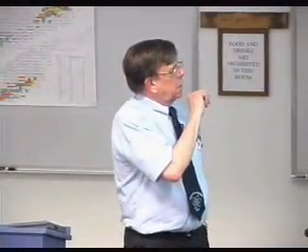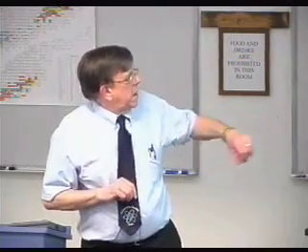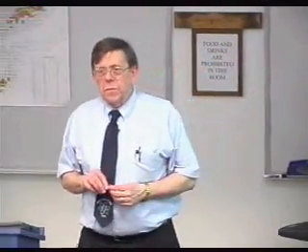Bohr carried this farther on, and he started studying multi-electron atoms or systems, and he showed that there was a shell structure for the electron orbits, so that elements in the same column of the periodic table had similar electron structures in the outer orbits.